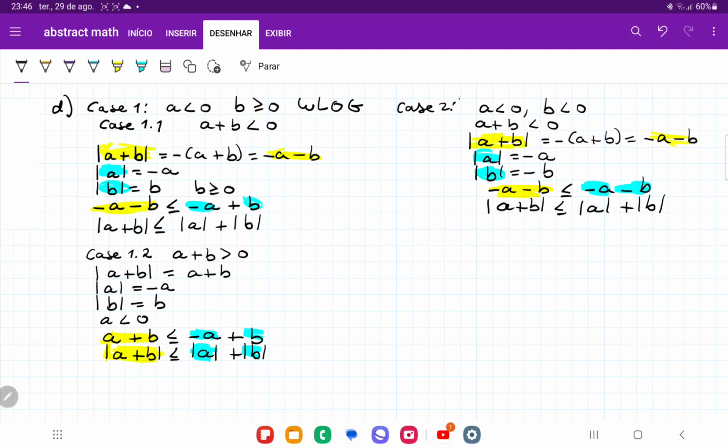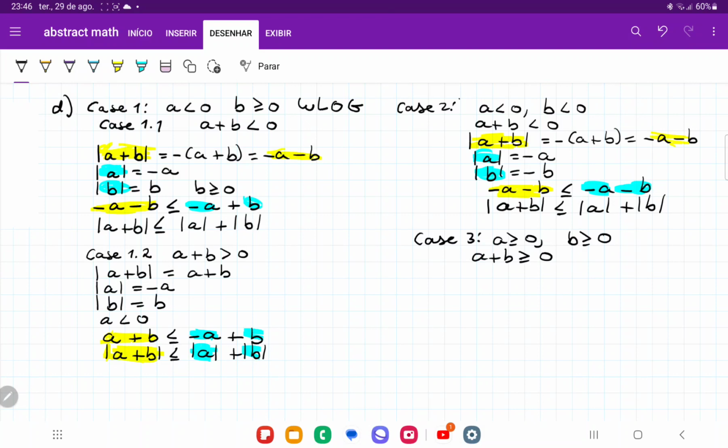Now let's deal with the case where they're both positive. So case 3, A is greater than or equal to 0, B is greater than or equal to 0. And this is the easiest one because now their sum is positive.